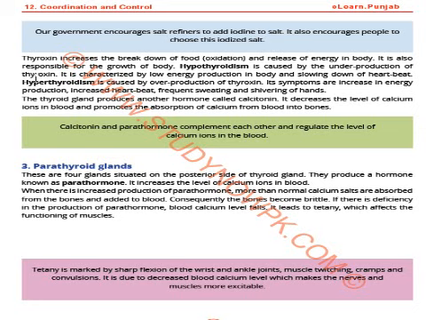The thyroid gland produces another hormone, the second hormone, which is known as calcitonin. It decreases the level of calcium ions in blood.